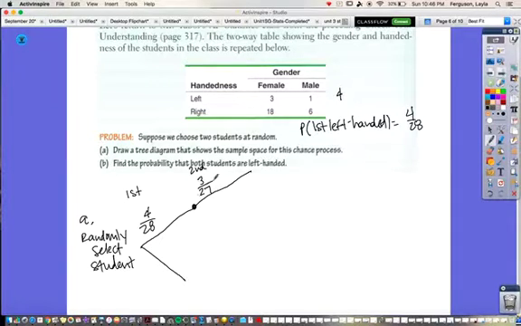That was the probability of choosing the second left-handed given the first was also left-handed. And that probability is 3 out of 27. So if you notice, the number of people that were left-handed went down by 1 because we assumed that the first person was left-handed. And of course, the total number would go down by 1 to 27 because it's kind of like we took that left-handed person out of the pot.